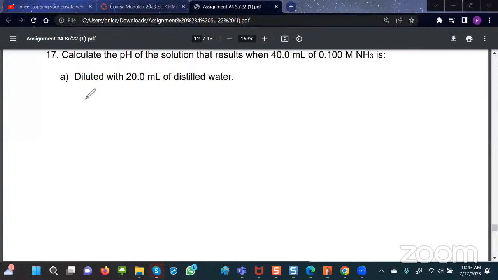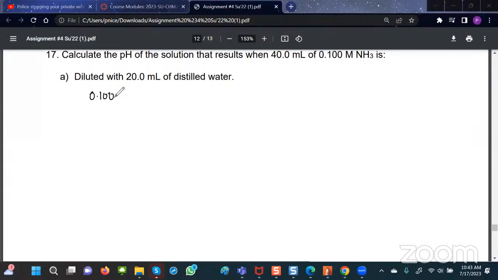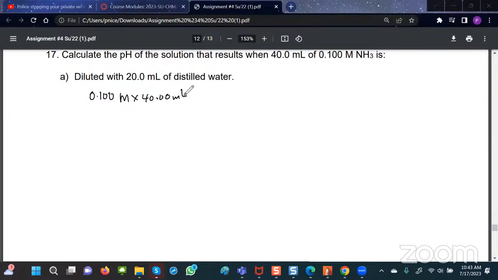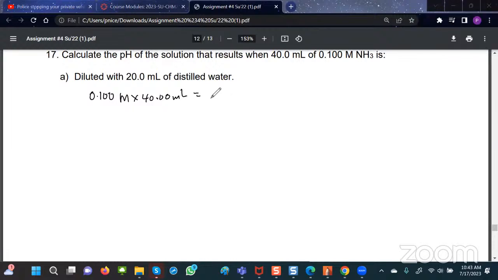You would do 0.1 times 40 is equal to 20 times M2 and then solve it. Hold on. Let me hear what you just said. 0.1 times 40.0 mL equal to 20 times M2? You sure about the 20? Oh, it would be 60.